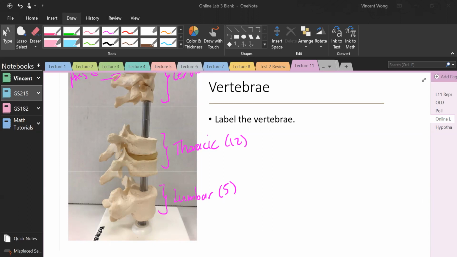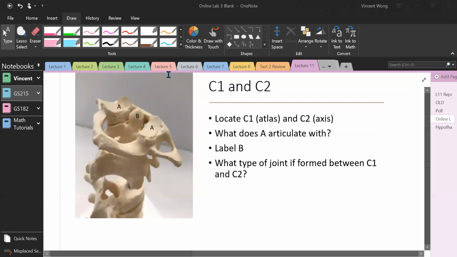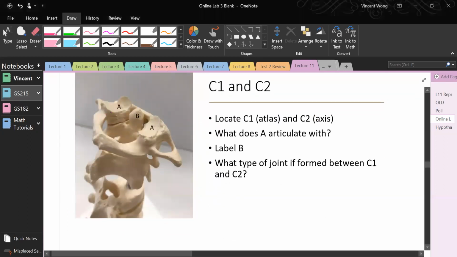Next, we have C1 and C2. So C1 is this one. This whole thing is C1.